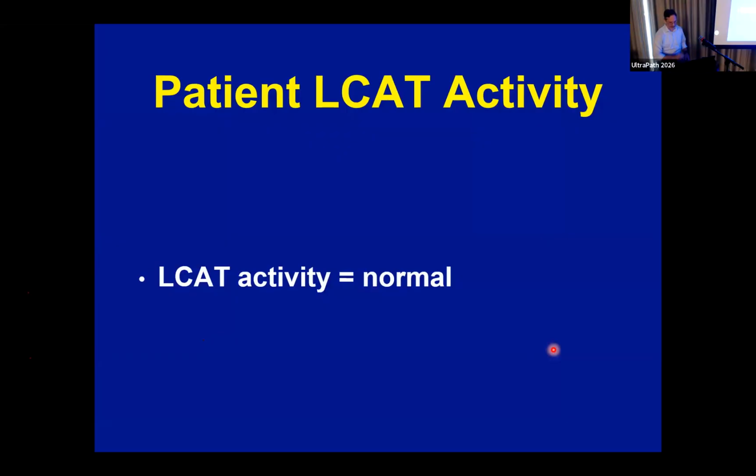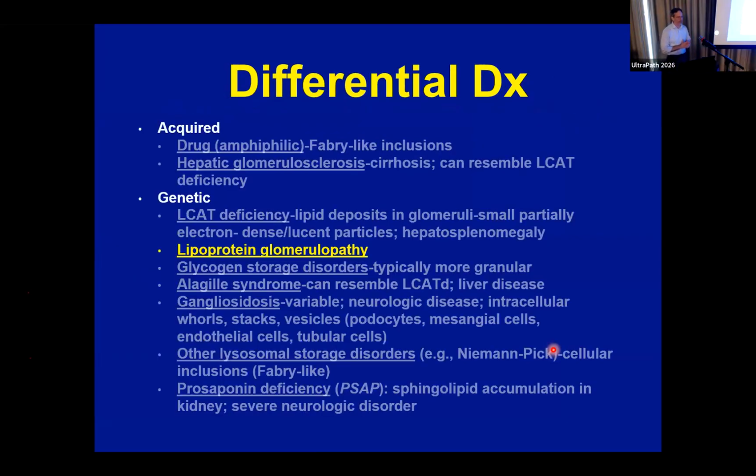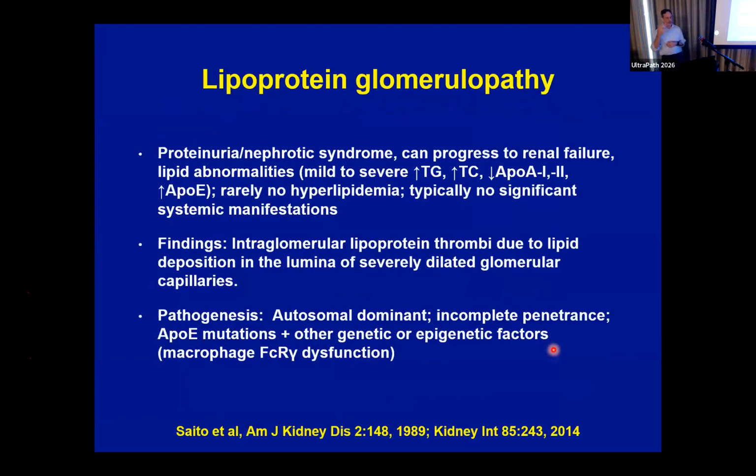Okay, so what next? There's a rare disease called lipoprotein glomerulopathy. These patients present with proteinuria and nephrotic syndrome. This can progress to renal failure. These patients usually have hyperlipidemia, but not always. By light microscopy, what we see are intraglomerular lipoprotein thrombi, due to lipoprotein deposition within the capillary lumina.